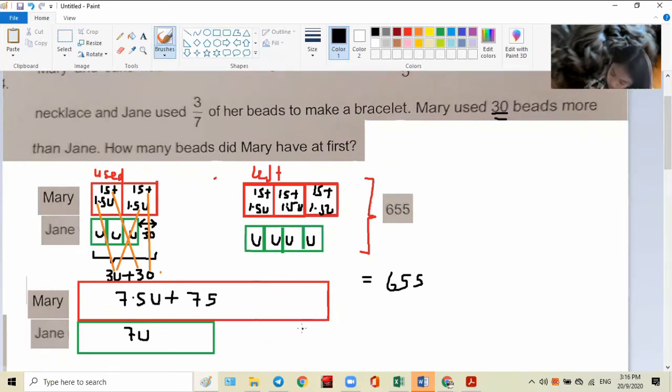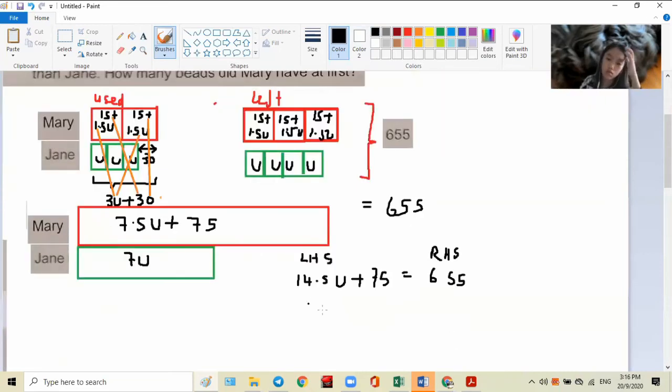So on the left hand side is actually 14.5 units plus 75 would be equal to my 655 on my right hand side. I'm sure you can find what is 1 unit, right?